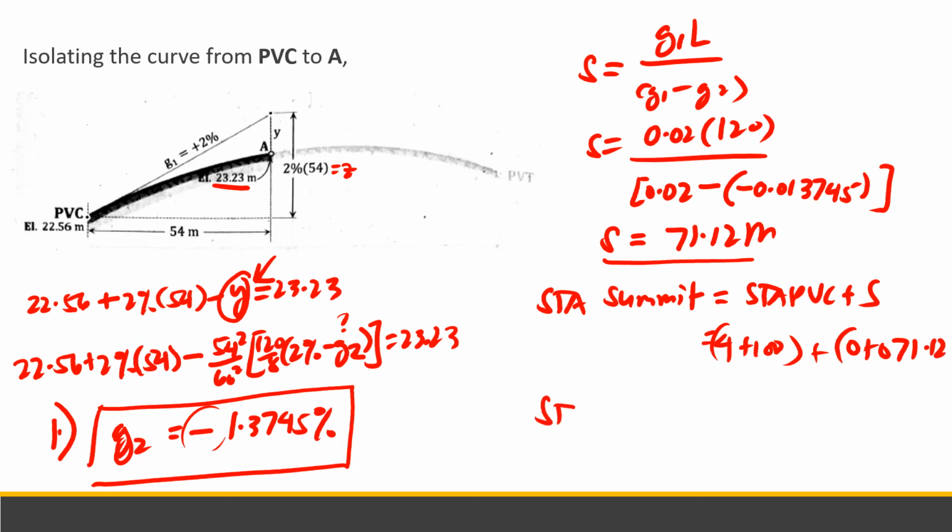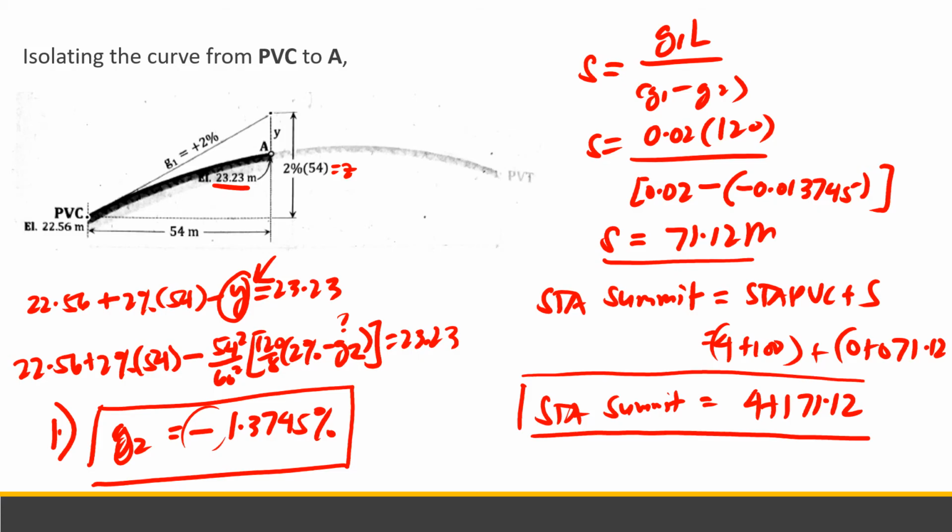So the stationing of the summit is equal to 4 plus 171.12. This is the stationing of the summit, its horizontal distance from PVC. So this is for sub-problem number 2.